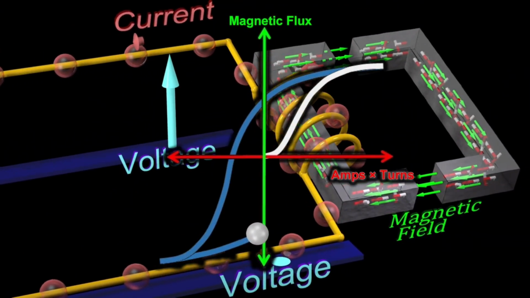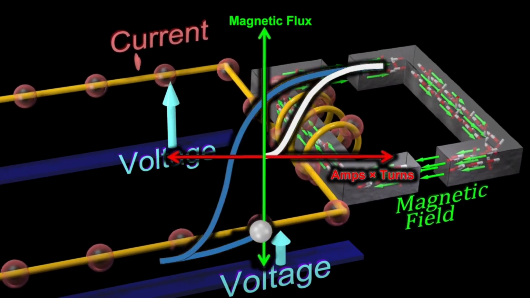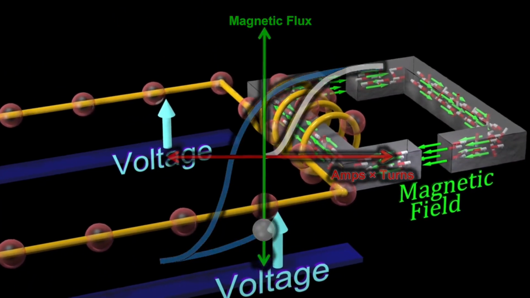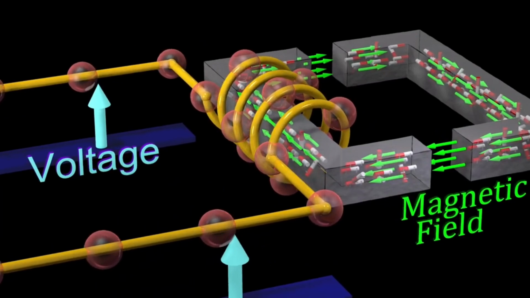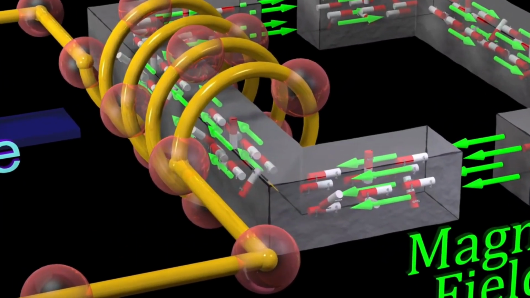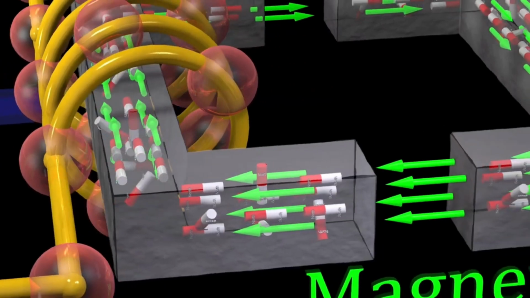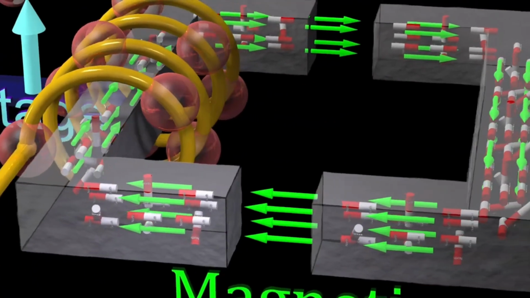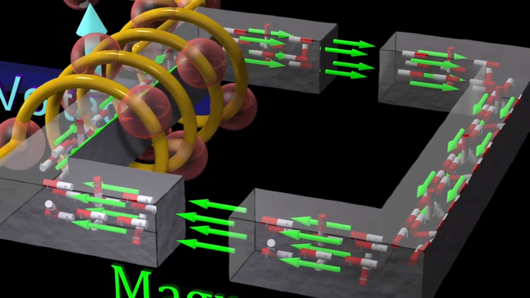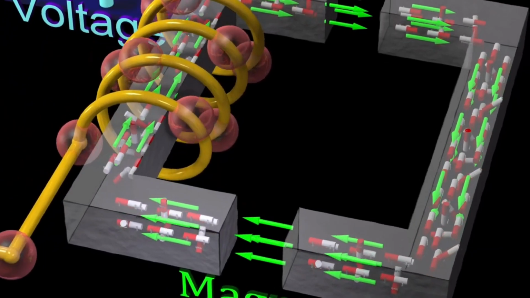There is still a magnetic flux present when the current returns to zero, due to the fact that many of the magnets are still aligned in the same direction. In this sense, the material retains a memory of the current that recently passed through the coil.